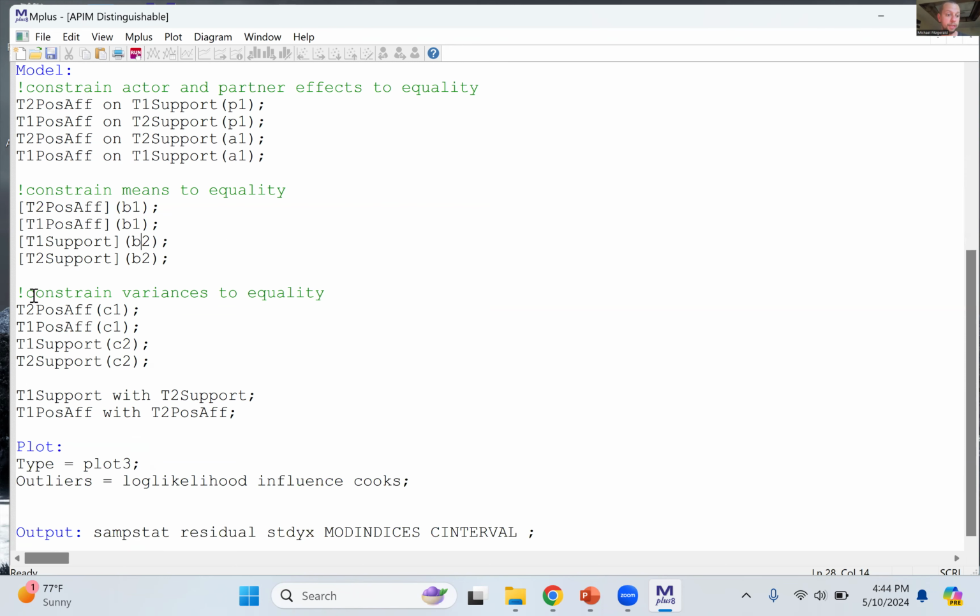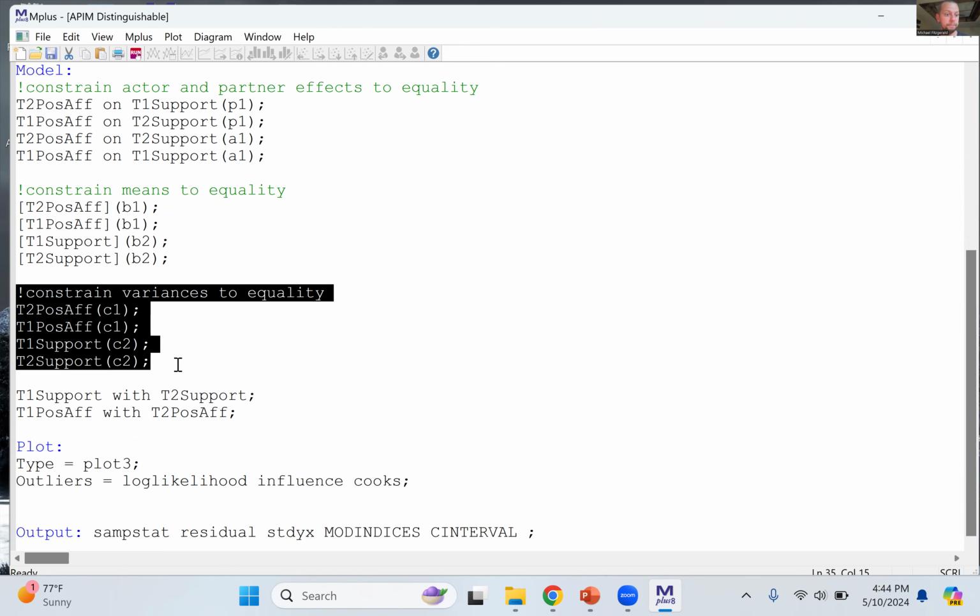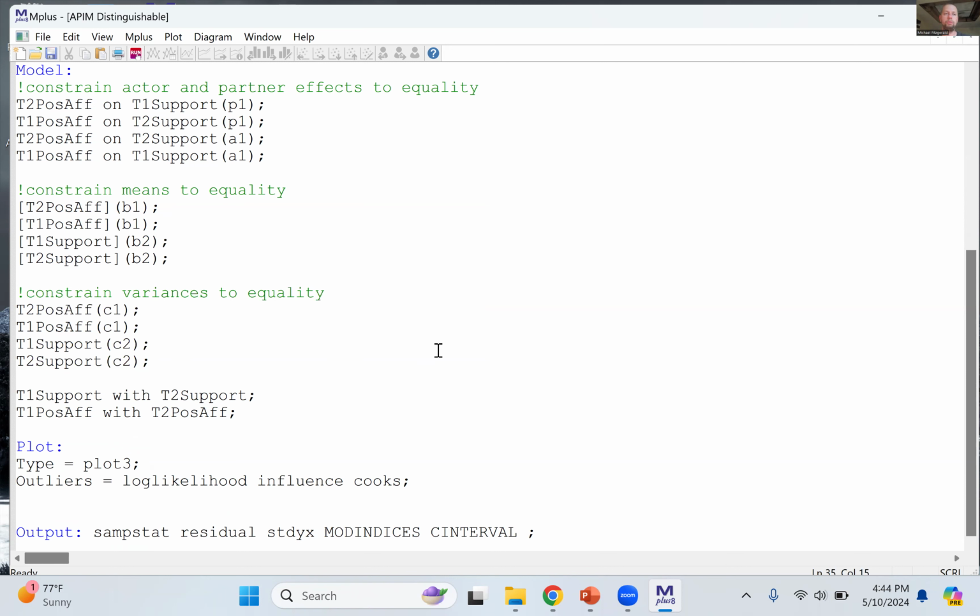All right, and so moving on to variances. Just as we assume that the means and the regression coefficients are the same across twin members, we're also going to assume those variances, or perhaps those residual variances, are identical across the twins.